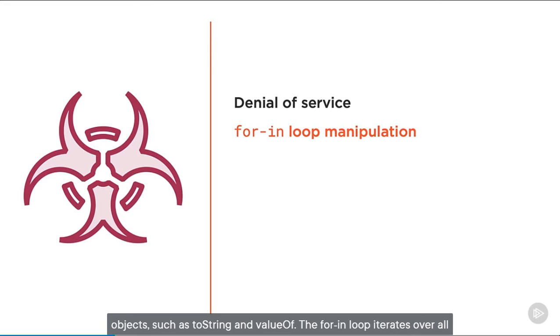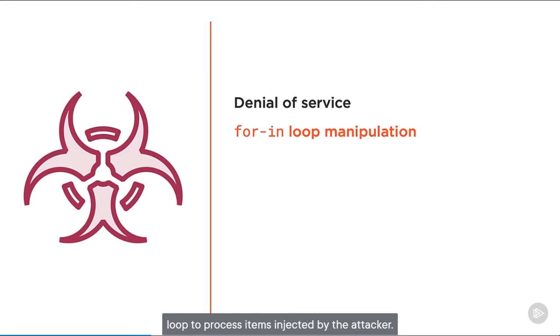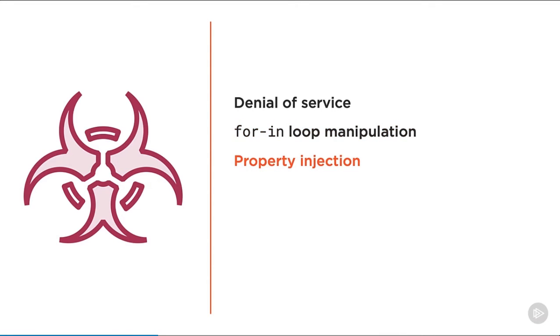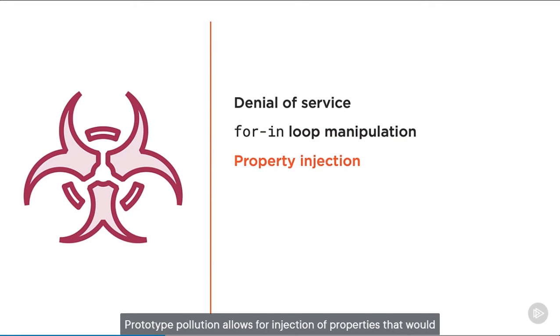The for-in loop iterates over all properties of an object, both owned and inherited. Adding additional properties to the prototype may force such a loop to process items injected by the attacker. Prototype pollution allows for injection of properties that would normally not be available on certain objects.